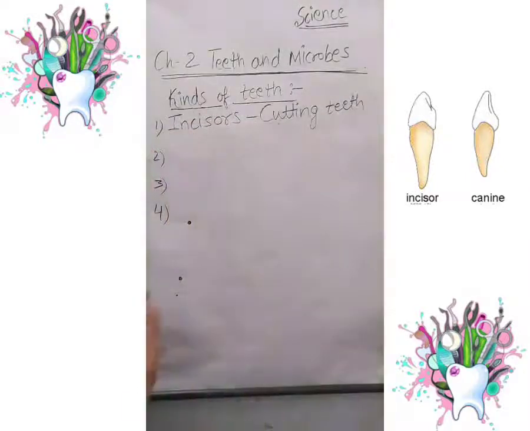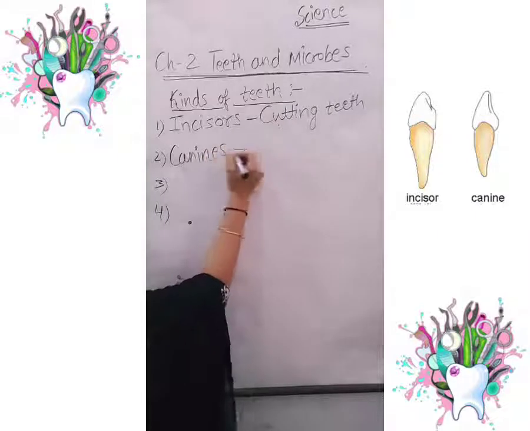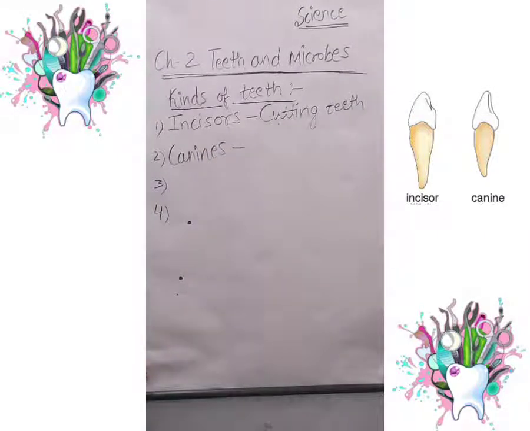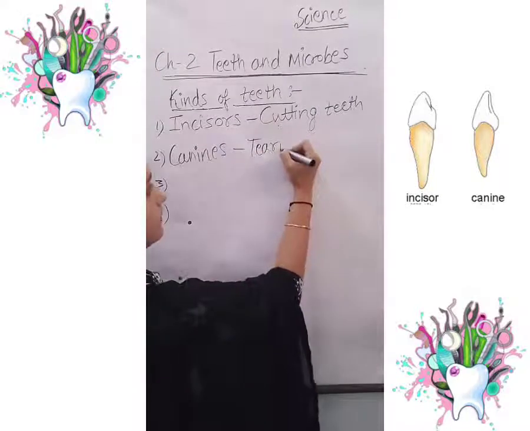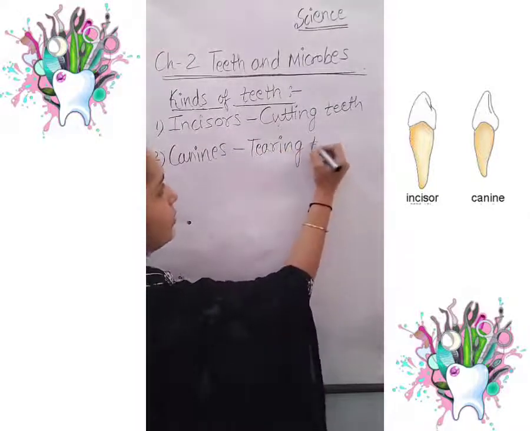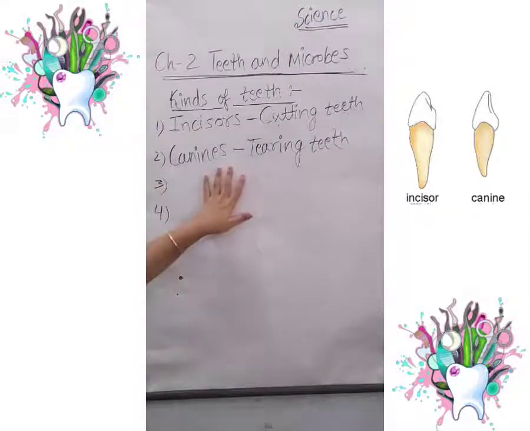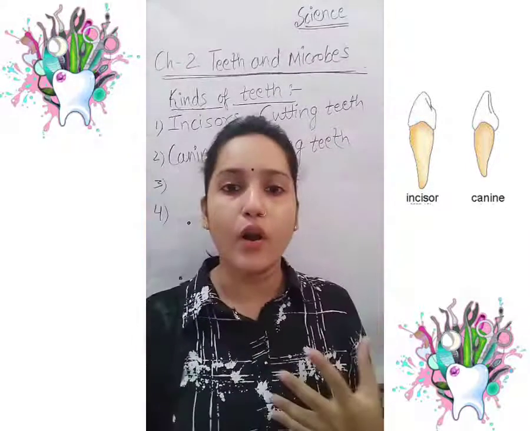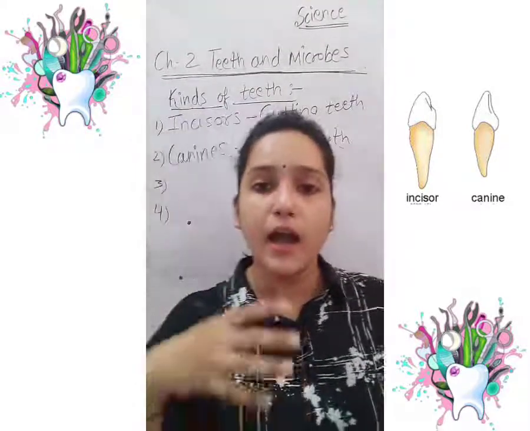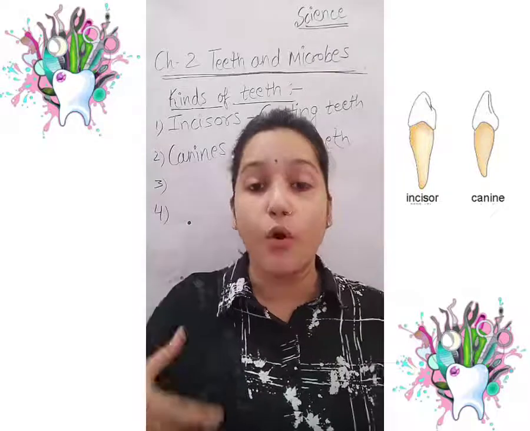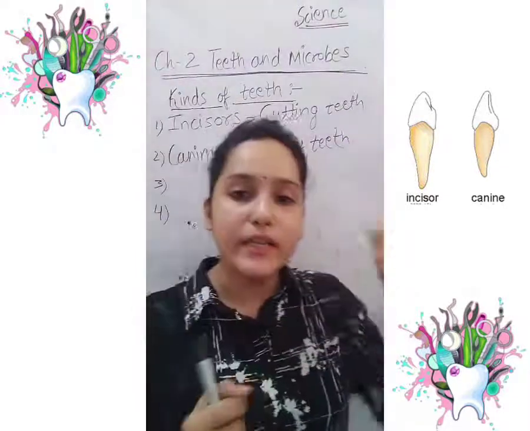The second type of teeth is canines, which are also called tearing teeth. Canines are used to tear food items. If anybody is eating flesh like meat or chicken, then you need to use canines to tear the food.